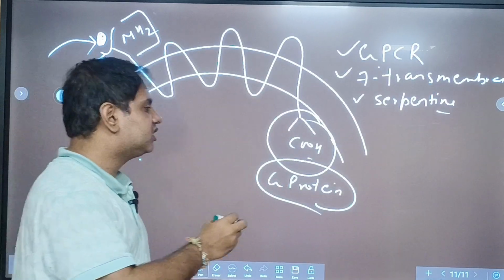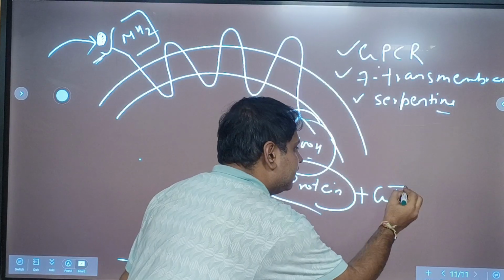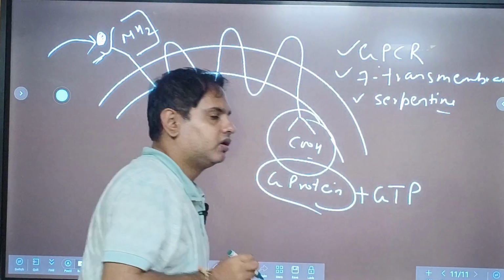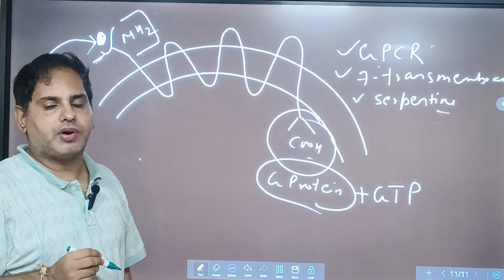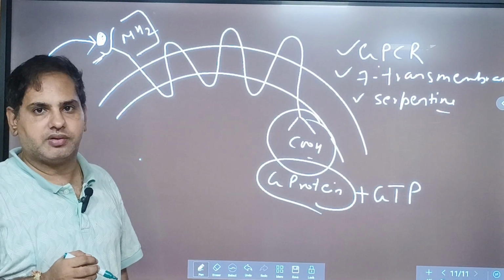So this G protein is coupled with GDP, right?